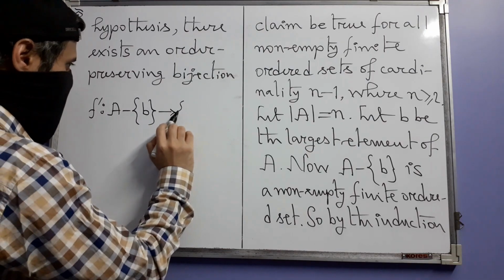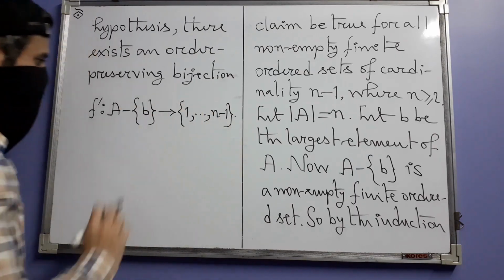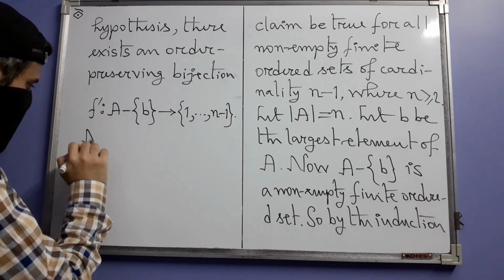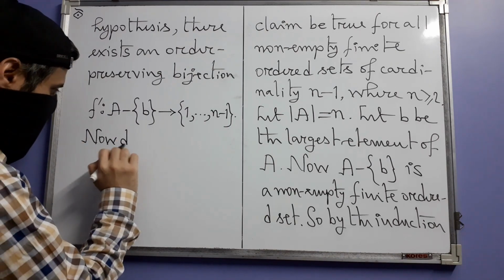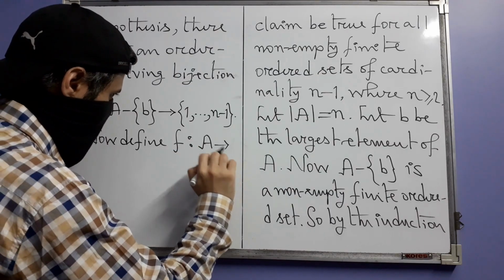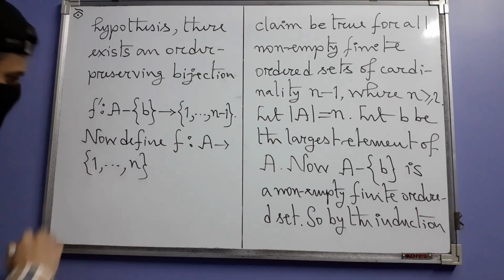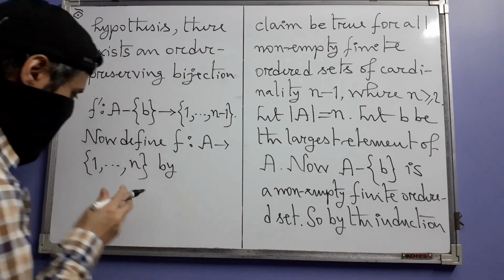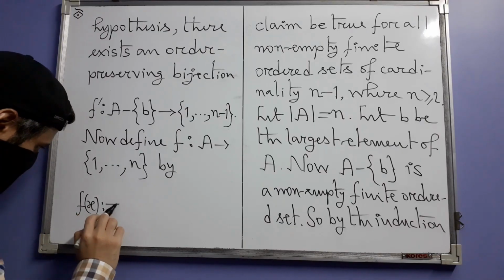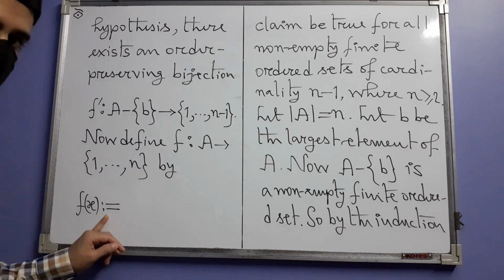from this set into this section of positive integers. Now define another function f from the entire set A into this section of positive integers by the following rule. f of x is defined to be, I am using a colon before the equal sign.